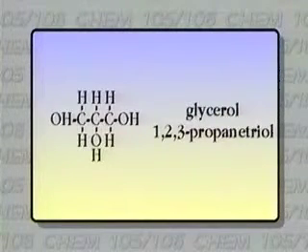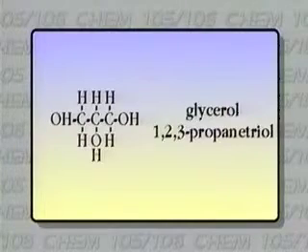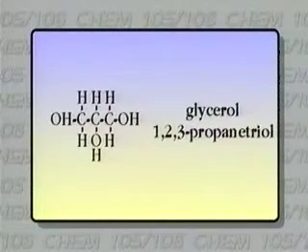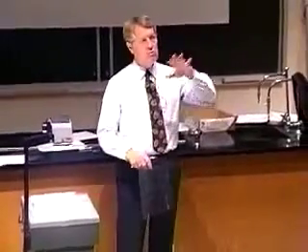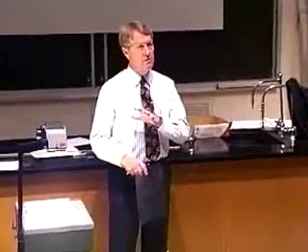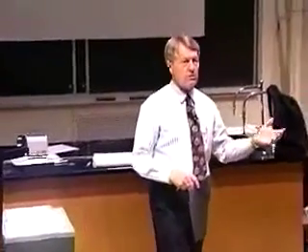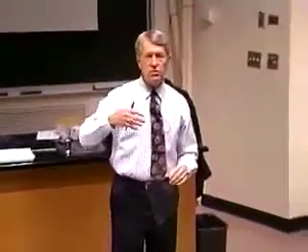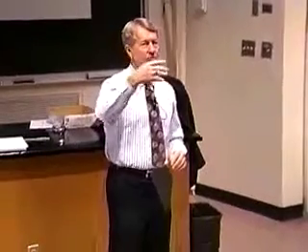Now, glycerol is also sweet. As a matter of fact, for making very smooth type candies, glycerol is often used as one of the sweeteners. Because if you use typical table sugar, you tend to get some crystallization of the sugar, and so you tend to get a candy that is a little bit more grainy.